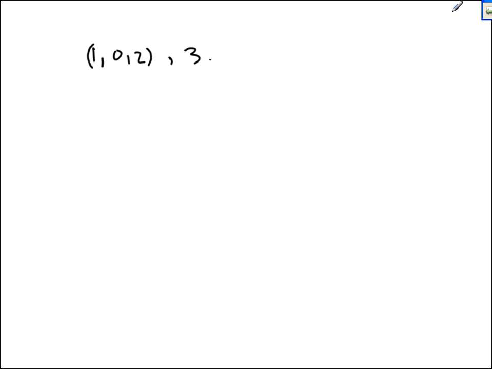1, 0, 2, 3, 1, 4, and 2, 1, 5. Now, any 2 points lie in a plane.